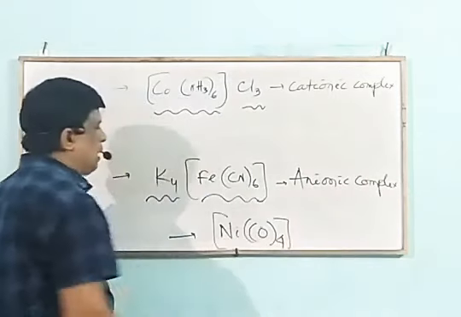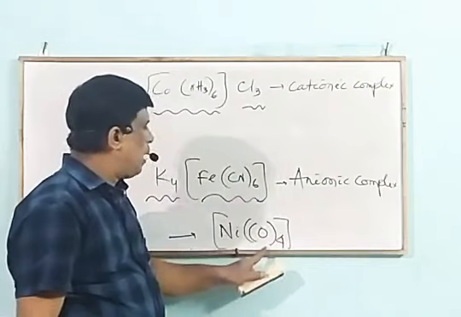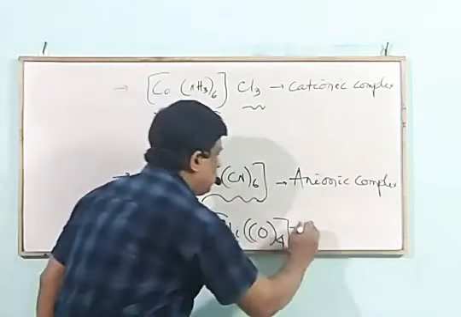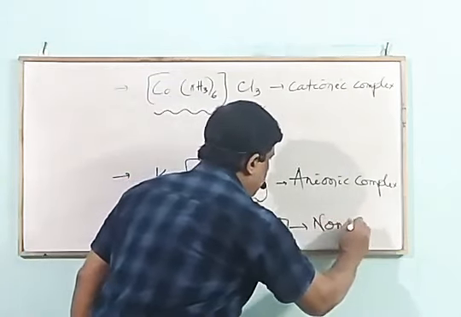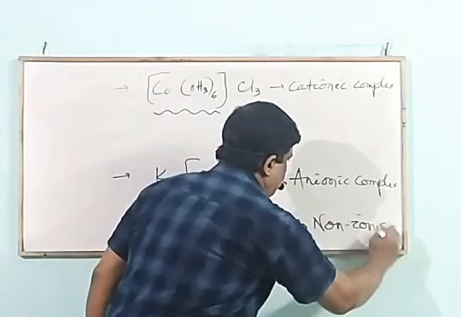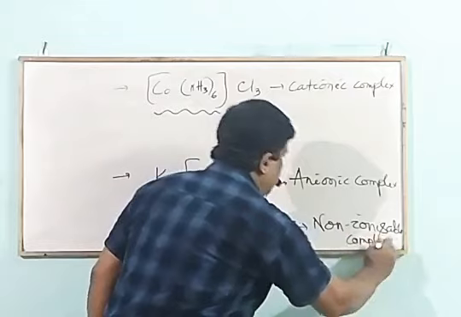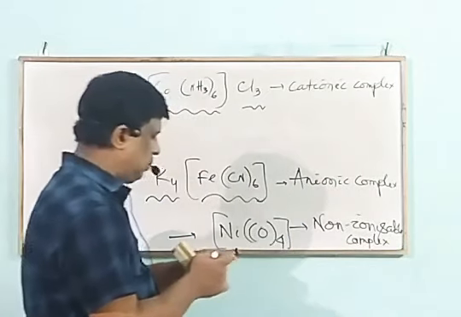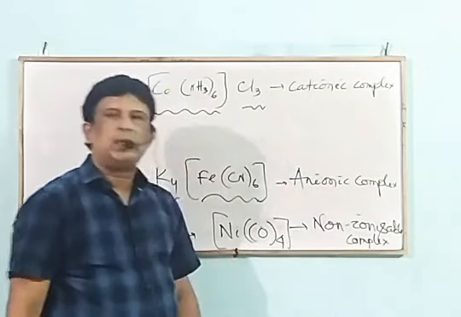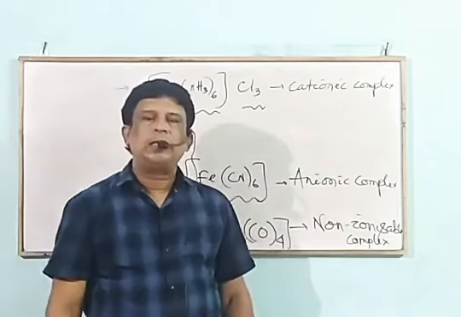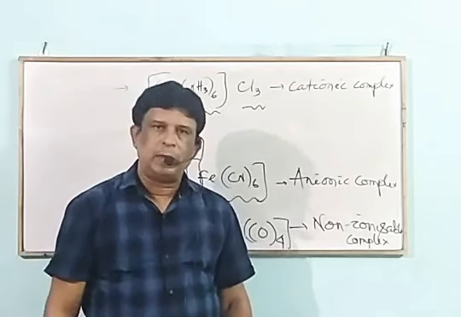Mark that, in this complex it never breaks down, it is a non-ionizable part, no cation or anion is there, so it is known as a non-ionic complex. That means complexes are of three types: cationic complex, anionic complex, and non-ionic complex.